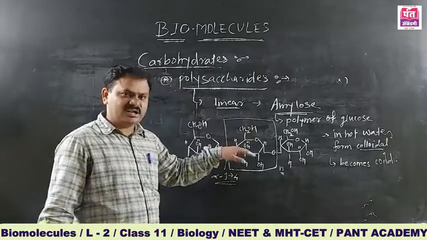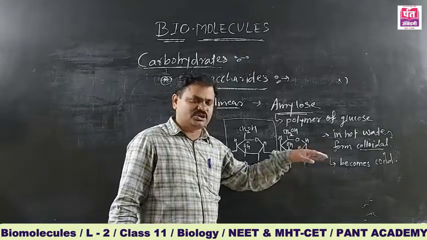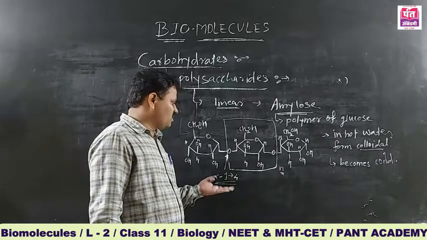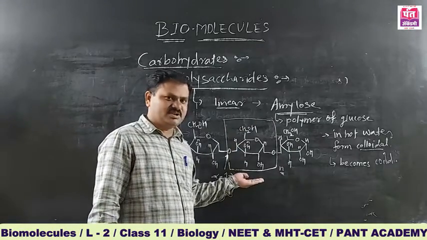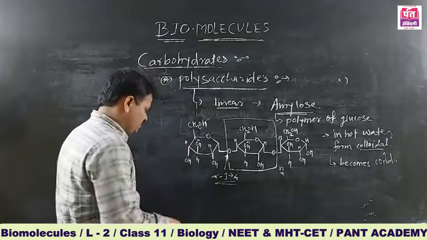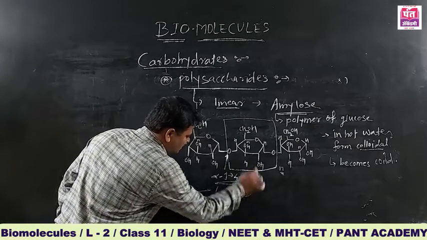Otherwise these are insoluble in water, but it forms a colloidal solution when we put it into hot water. This linear arrangement can be of a different type as well. Maybe a coiled one, like this: linear will be there, coiled will be there.